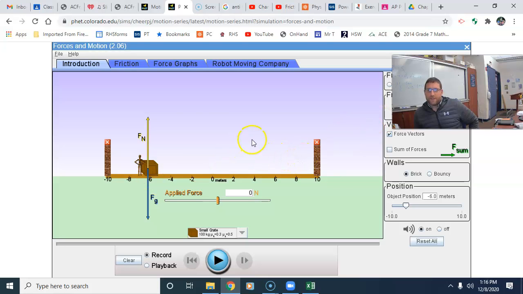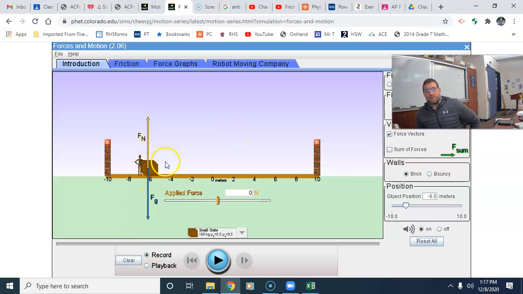Okay, so number one, something that has to be true in order for work to be done on an object is that there's got to be displacement of that object. If something is not moving, we could absolutely guarantee that no work is being done on it by any force. So the number one thing is displacement.